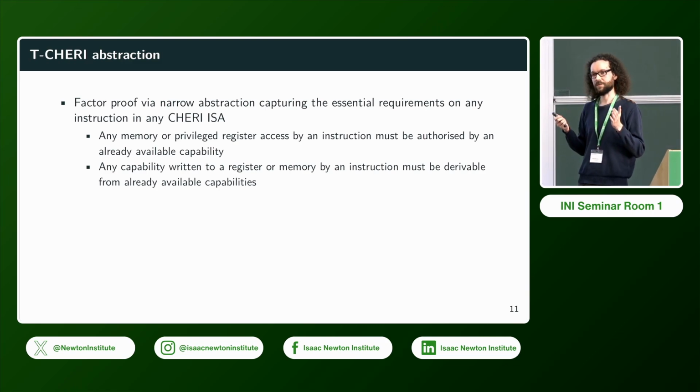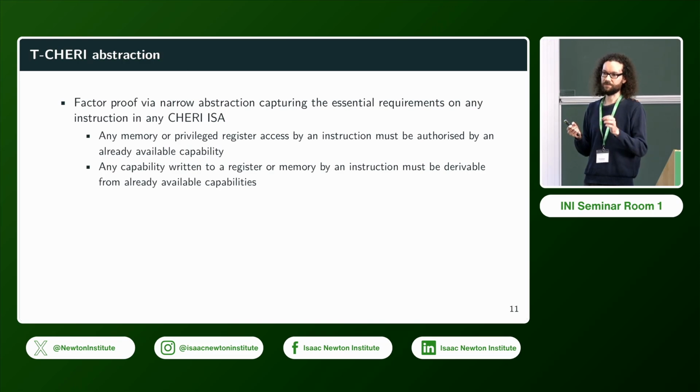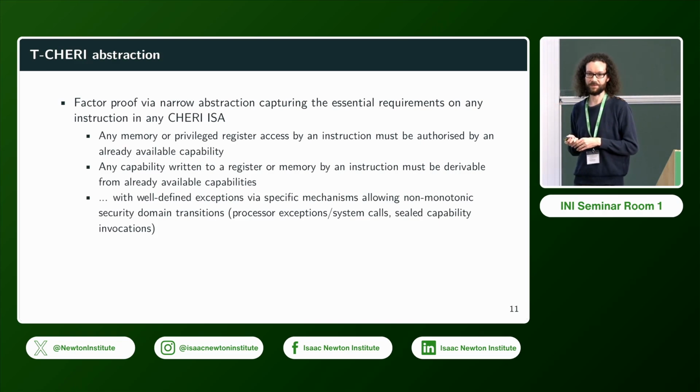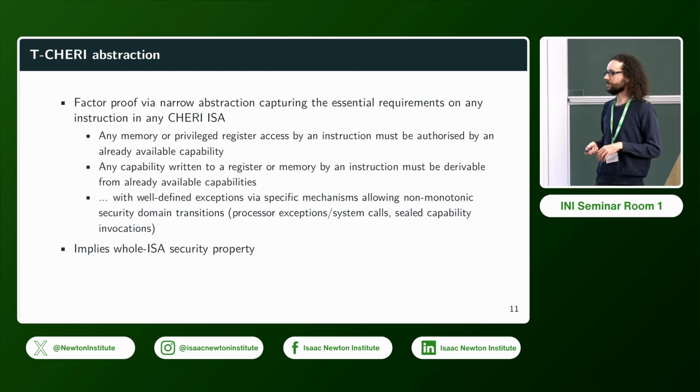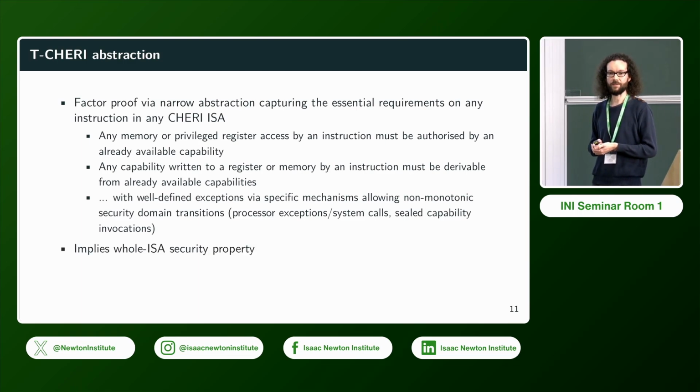And every time an instruction writes a capability to a register or to memory, that capability must have been derived from capabilities that it already had. Again, with some well-defined exceptions in this case. So here again, we have to specify in detail what these non-monotonic exceptions are. But then these properties together imply this whole ISA security property.